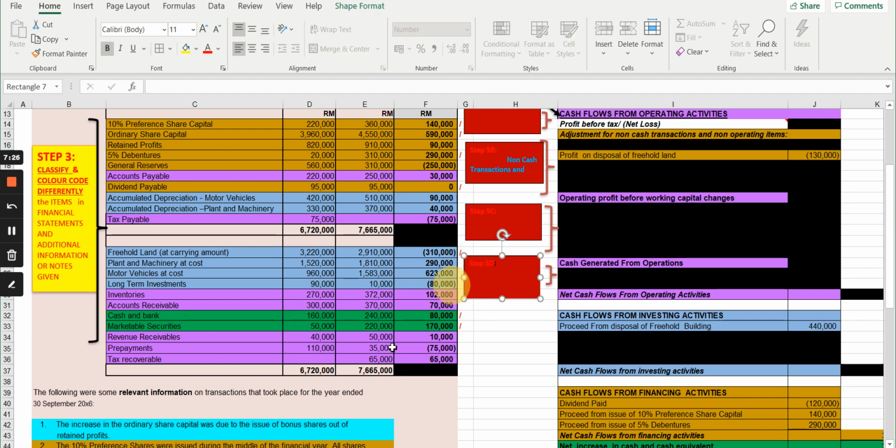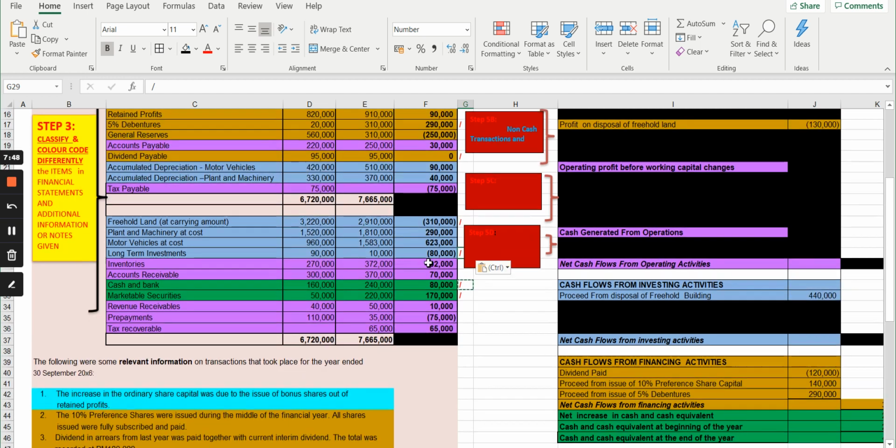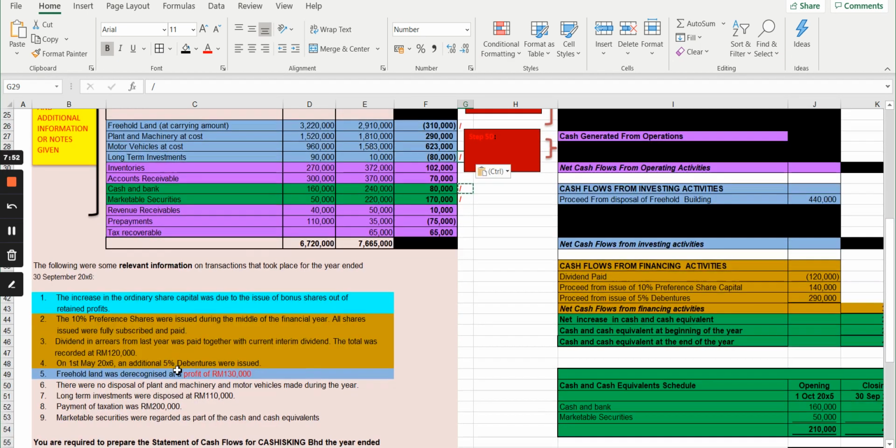Your next item, I'm going to choose a simple one first, which is the item that is not depreciated, and that is the long-term investment. So long-term investment is not cash and cash equivalent. These are non-current assets, so you can see that there was a decrease from 90 down to 80,000. So there was a decrease, and maybe this is due to a disposal, but you need to check if there is any disposal.